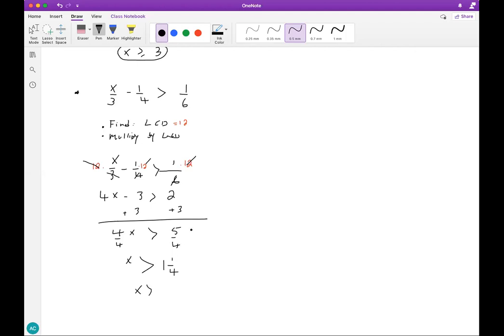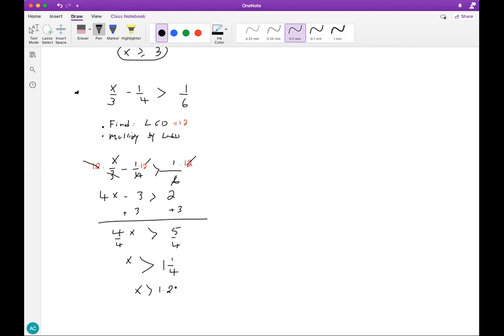So before you graph fractions on a number line, you need to turn them into decimals or at least into mixed numbers to see where to start from. So this is 1 and some change. What is 1 over 4 as a decimal? 1.25.